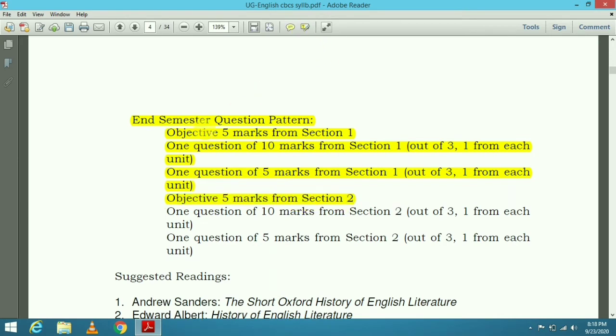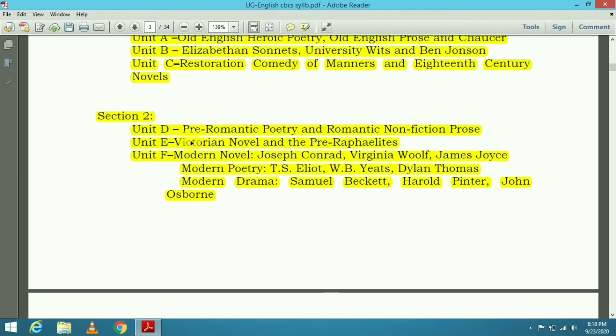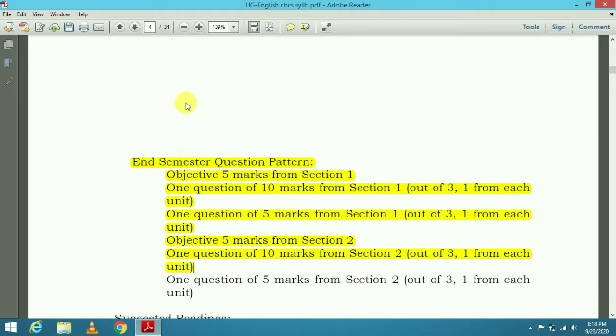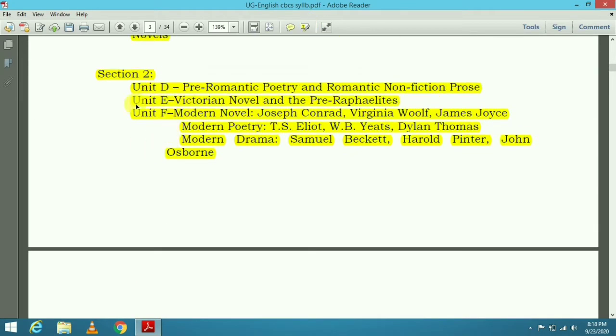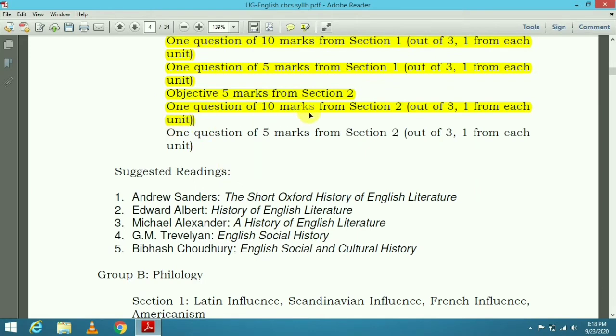This is also the same as section 1. In section 2 you will have 5 short questions of 1 mark, and 1 question of 10 marks from section 2 out of 3, 1 from each. It is also the same as section 1. That means in each unit you will be given 3 long questions, and out of these 3 you have to attend only 1, which is of 10 marks.